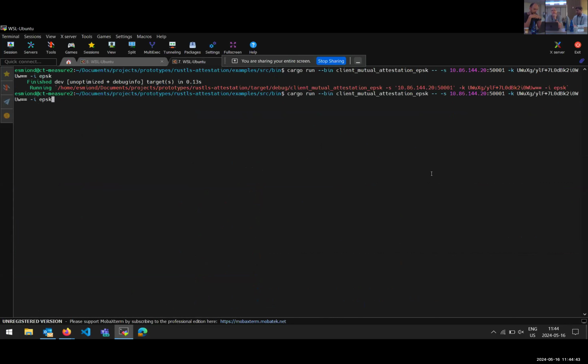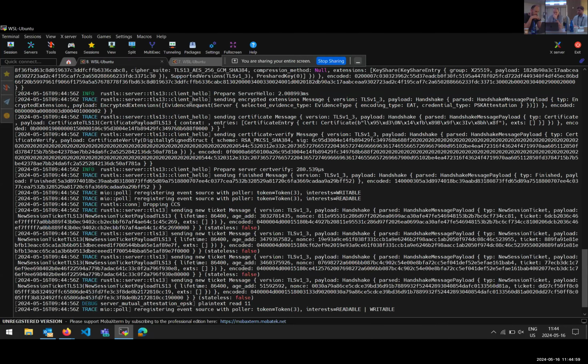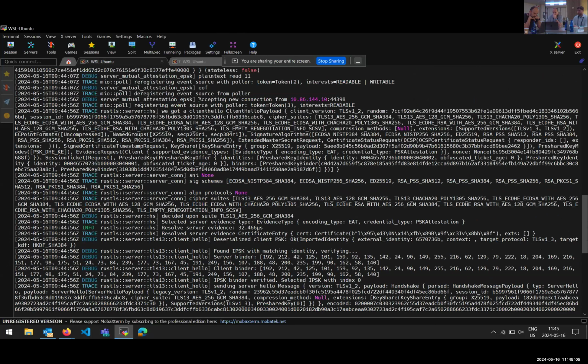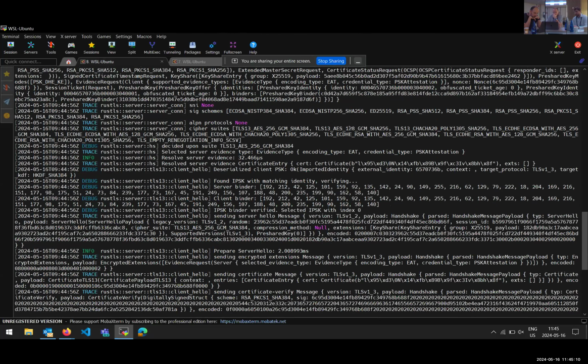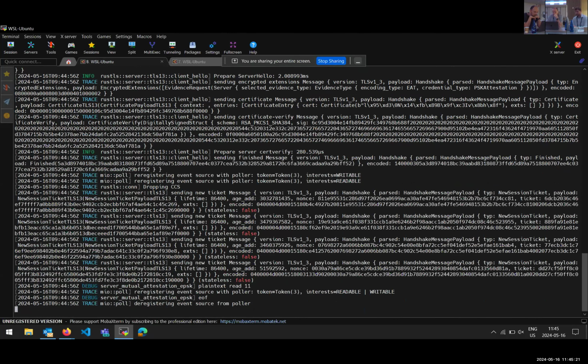Or the client can also take just a normal attestation. In that case, there's a new connection, and the server is just replying normally because the client is not supporting the mutual attestation. That's all.